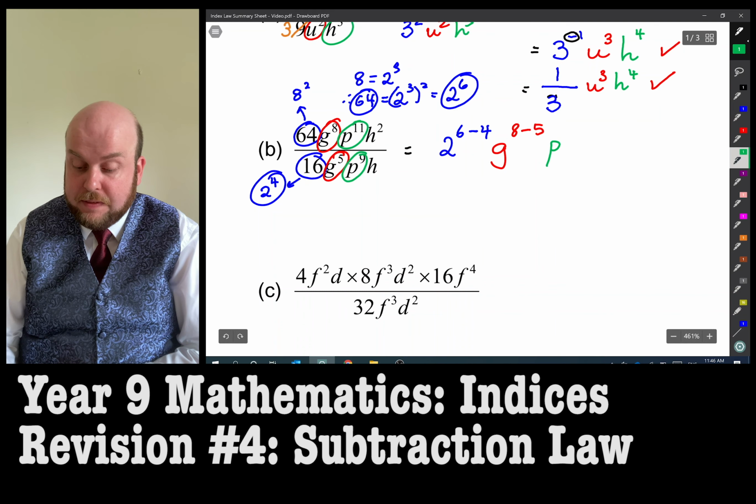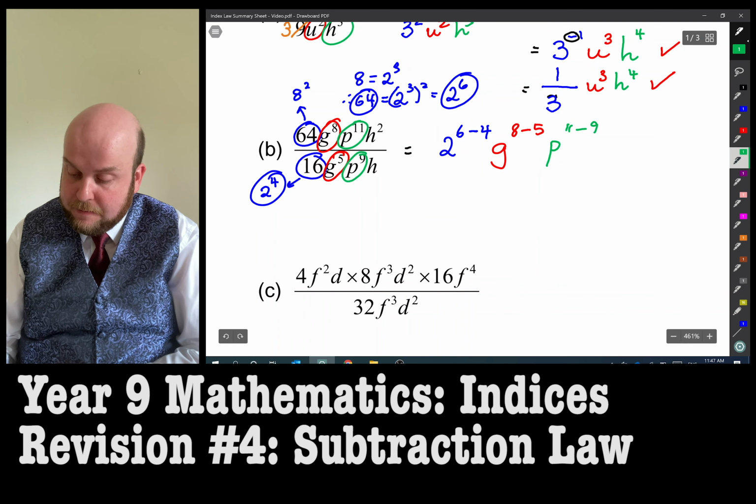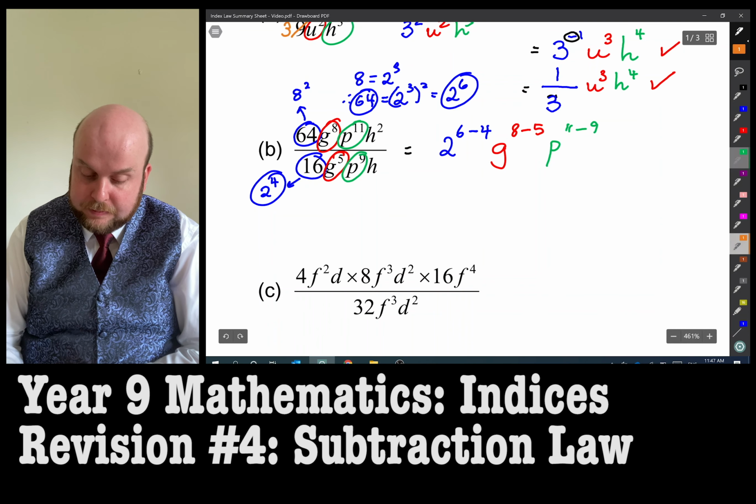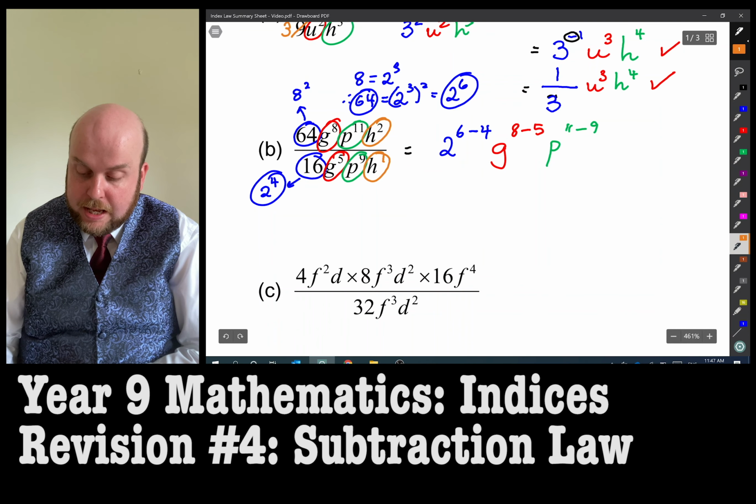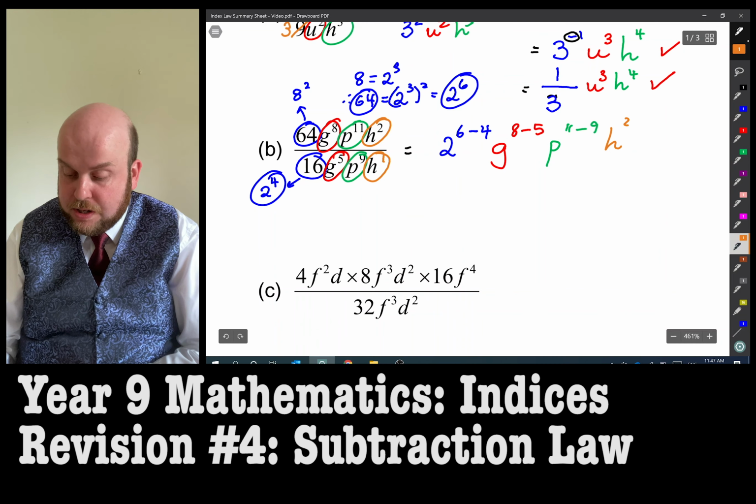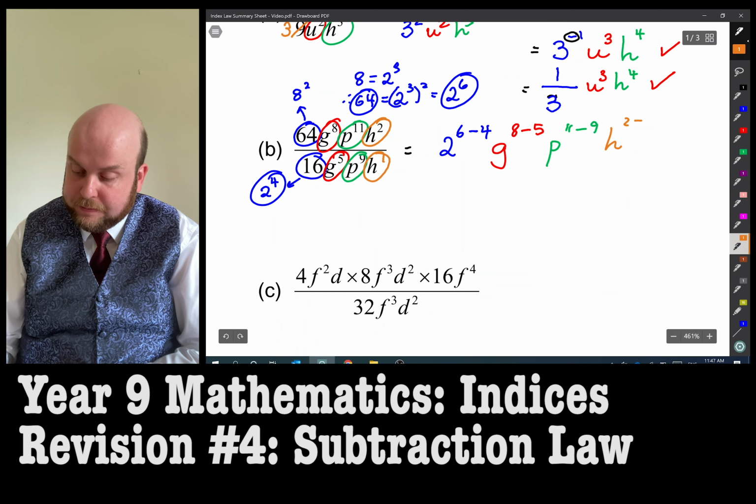p to the power of 11 divided by p to the power of 9 is p to the power of 11 take away 9. And h squared divided by h is the same as saying h squared take away 1.